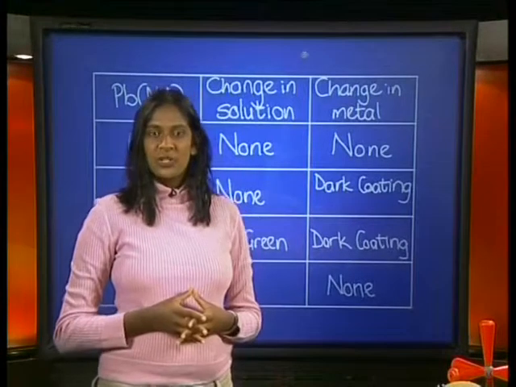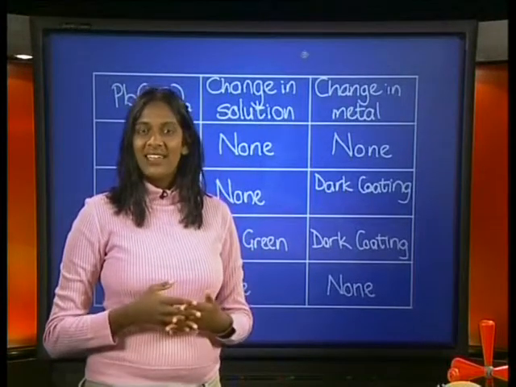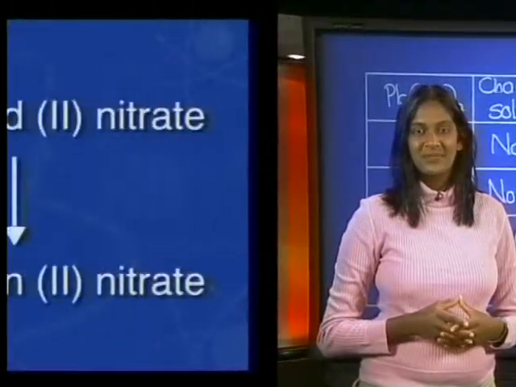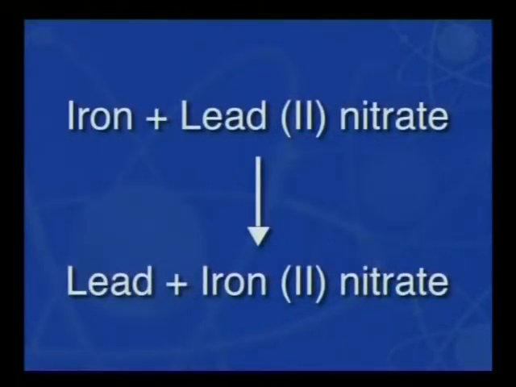Let's look at the equation for the reaction of lead and iron 2 nitrate. The word equation for this reaction is iron plus lead 2 nitrate react to form lead and iron 2 nitrate.